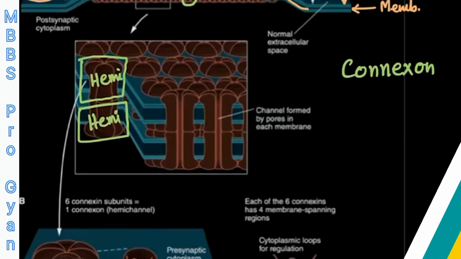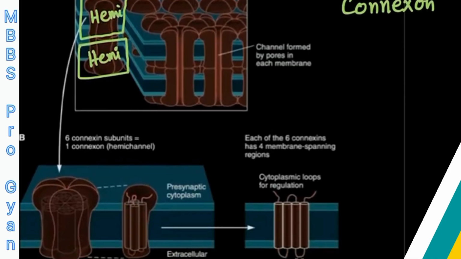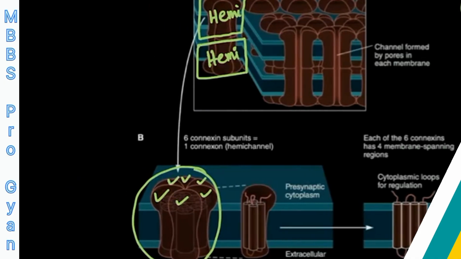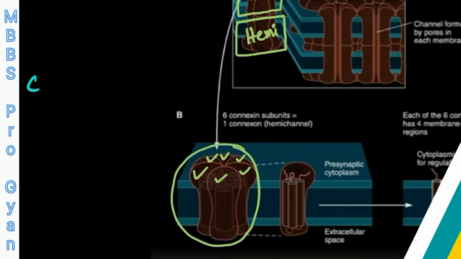Now, if I look at one of these hemichannels, I'll find out that one connexon is equal to 6 subunits. So this is one subunit, this is 2, this is 3, this is 4, this is 5, this is 6. So what I'm saying is that the connexon or hemichannel is composed of 6 subunits.